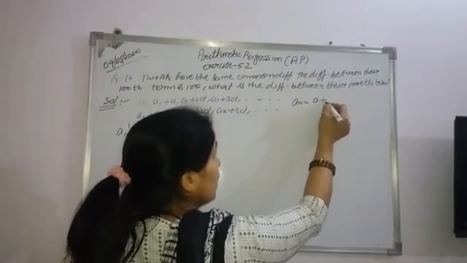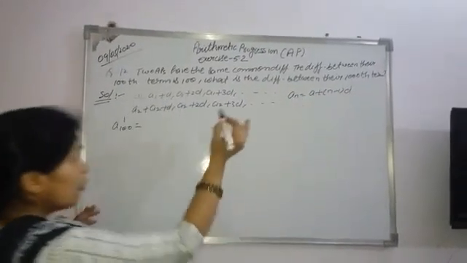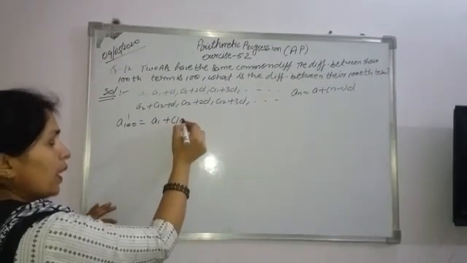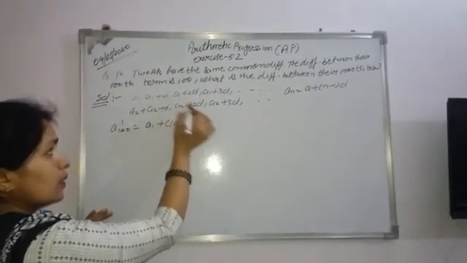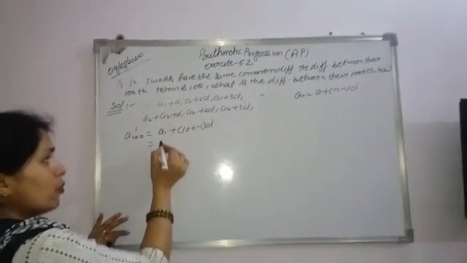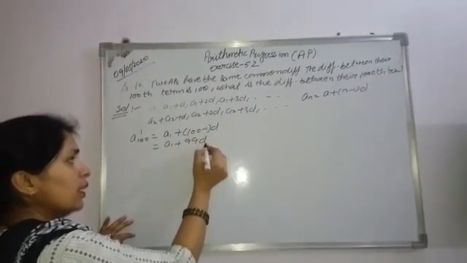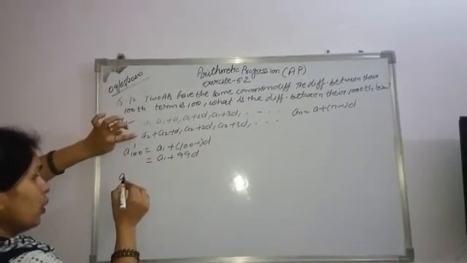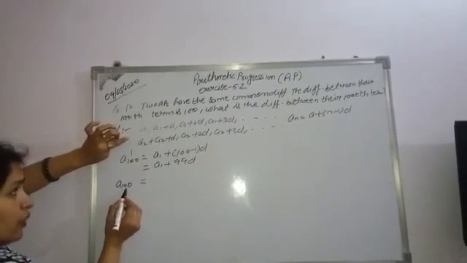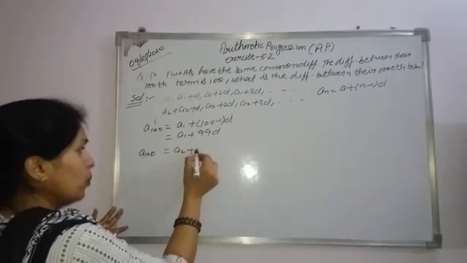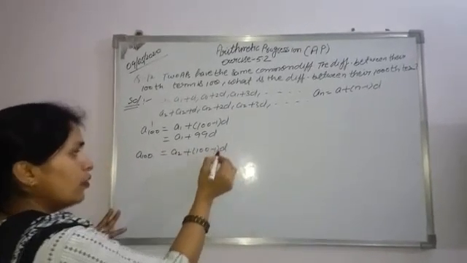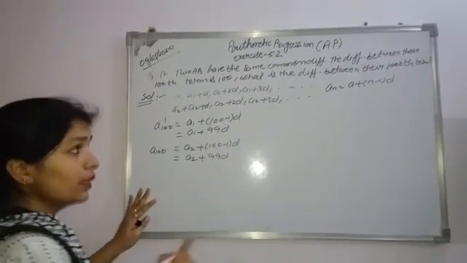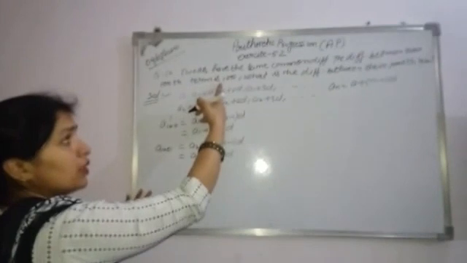An is equal to A plus n minus 1 into D. Now the first term is A1, n is 100, minus 1, and D is the same. So the 100th term of the first AP is A1 plus 99 into D. Now from the second AP, let us suppose this is A100 dash, and the first term is A2 plus 100 minus 1 into D. So this term is A2 plus 99 into D. Now they are saying that the difference between their 100th terms is 100.